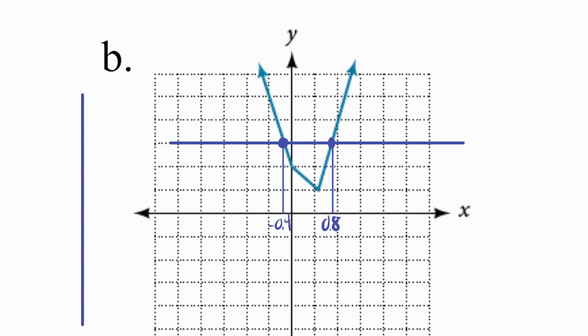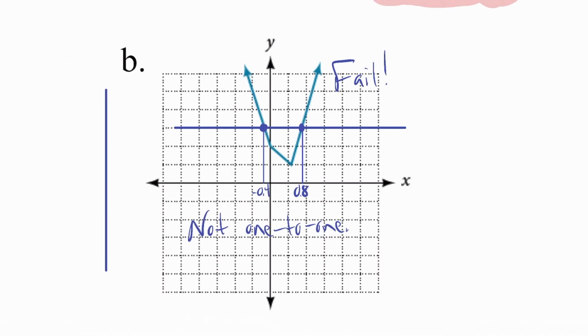These 2 inputs share the same output. So this function is not one-to-one. This fails. This is not one-to-one. Okay. In fact, I should probably put this over here, easier to read: not one-to-one.